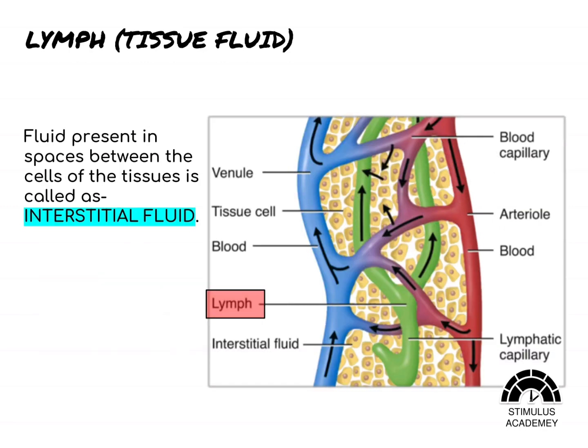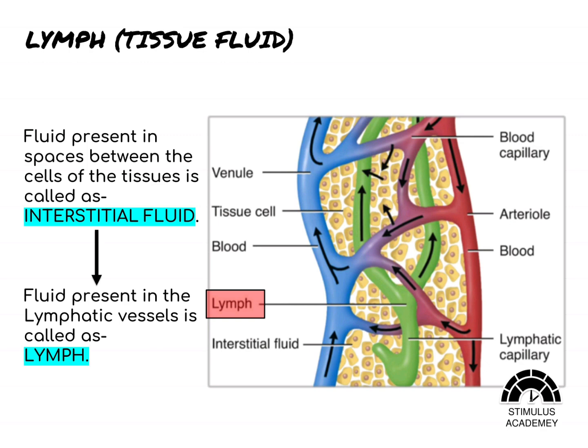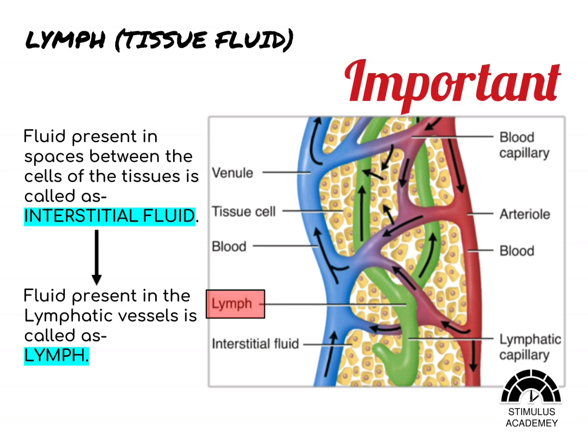Fluid present in spaces between the cells of the tissue is called interstitial fluid. Now we know this. And later on, this interstitial fluid goes into the lymphatic vessels and then the fluid is called lymph. I hope you have got the difference between interstitial fluid and lymph. Generally, students make a big mistake between lymph and interstitial fluid.